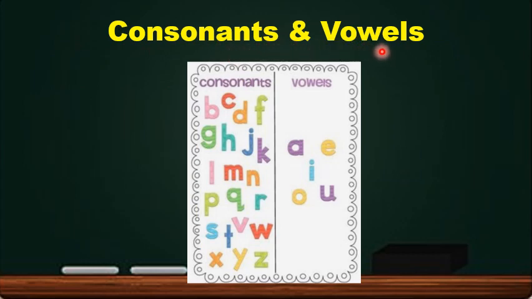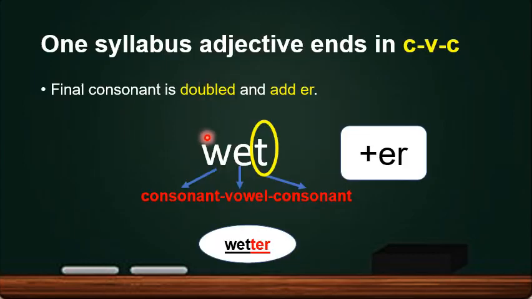How can we differentiate consonants and vowels? It's very easy, just follow this chart. There are only 5 vowels, which are A, E, I, O, and U. And the other 21 alphabets are all consonants. Let me show you another one-syllable adjective in CVC form, which is wet.